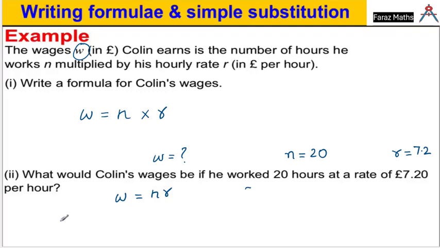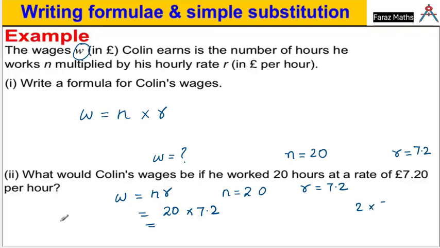Then N is 20 and R is 7.2. There's no multiply sign between N and R, but that doesn't mean they are not in multiplication. They are still in multiplication. So we have to multiply 20 by 7.2.